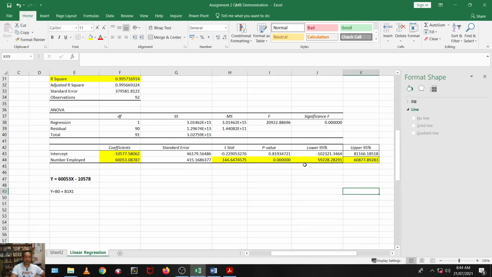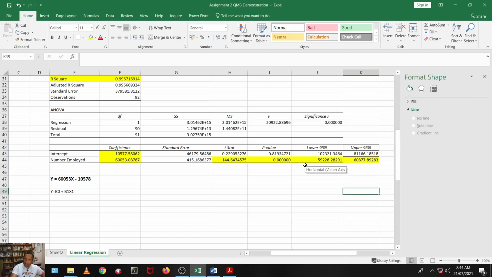Okay? So, if we combine all these results together, I will interpret it as follows. The linear regression model predicts the profit generated by the number of full-time employees. And this model shows that profits generated can be explained to 99.6%. This is the coefficient of determination.